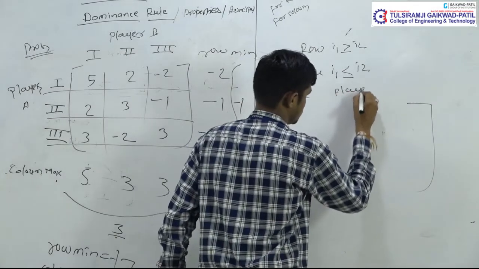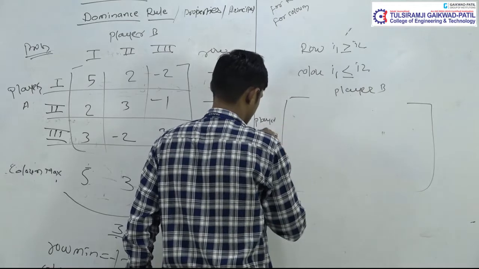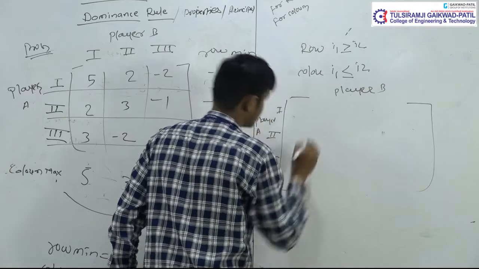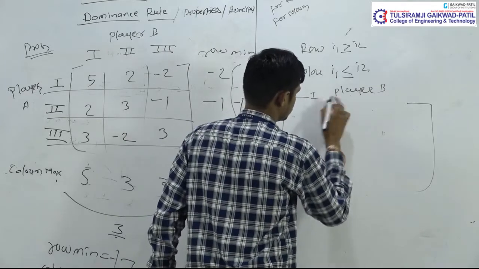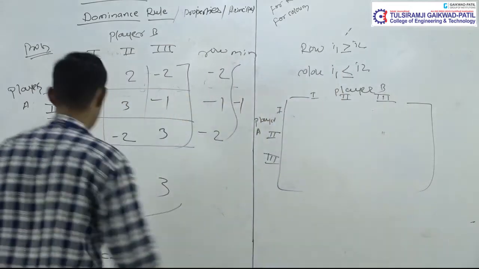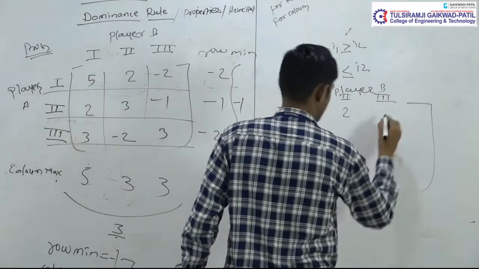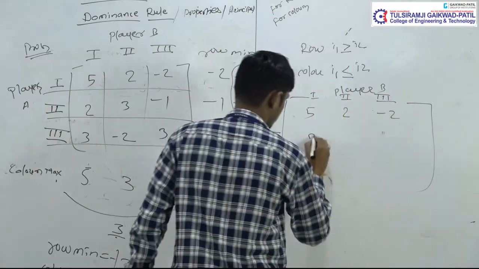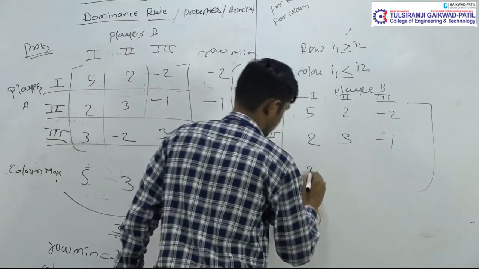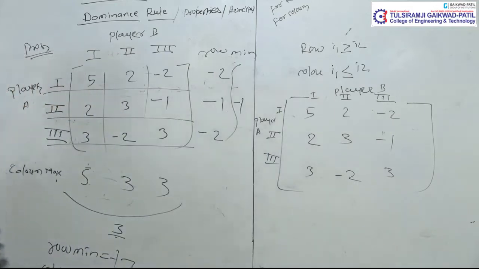Player B and player A, 1, 2 and 3. Next, solve: 5, 2, minus 2, 2, 3, minus 1, 3, minus 2 and 3. The given matrix is 3 into 3.